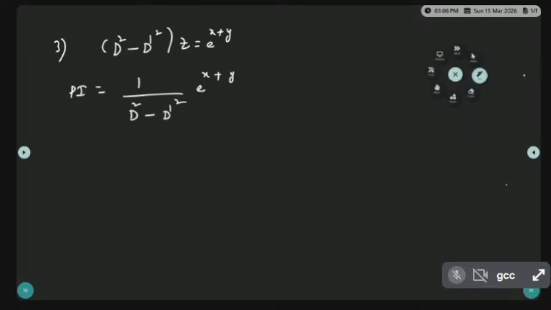What is the a value? A value 1. B value, substitute d equal to 1, d dash equal to 1. What is your observation? Right.